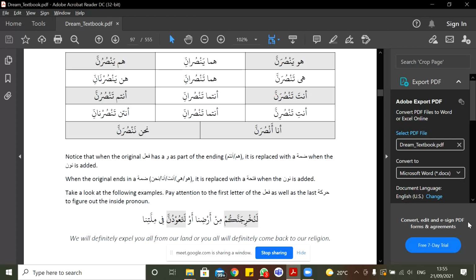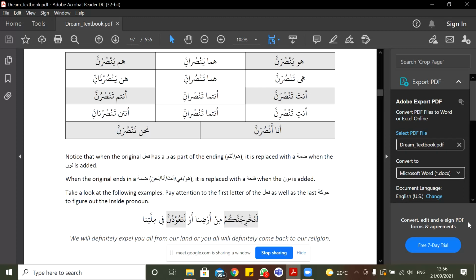Good. And there's aw la ta'udunna. So aw is to connect with the previous sentence. And la ta'udunna, here the lam is again for emphasis, and the nun with the shadda is for emphasis.